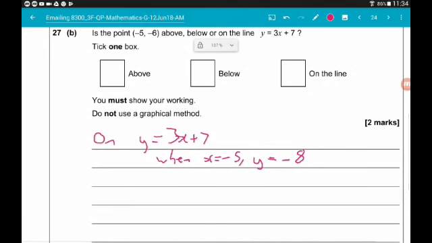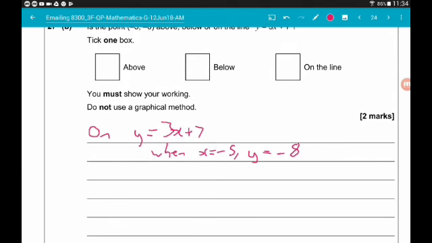So, we know that point minus 5, minus 6 is not on the line, because when x is equal to minus 5, the y value on the line is minus 8.